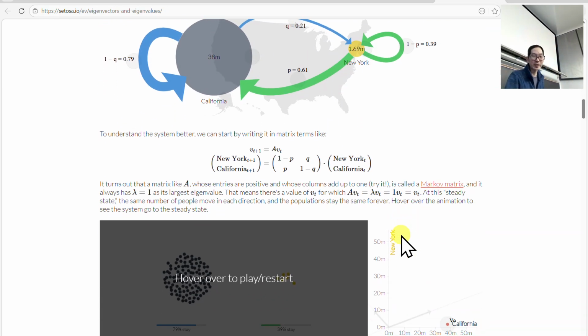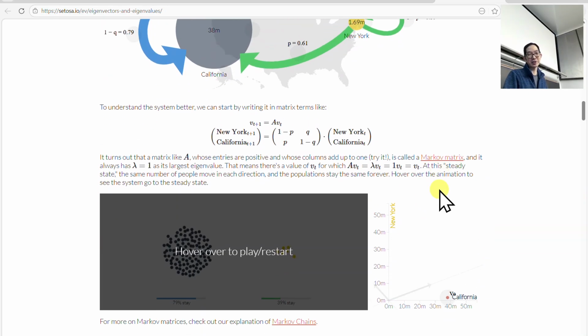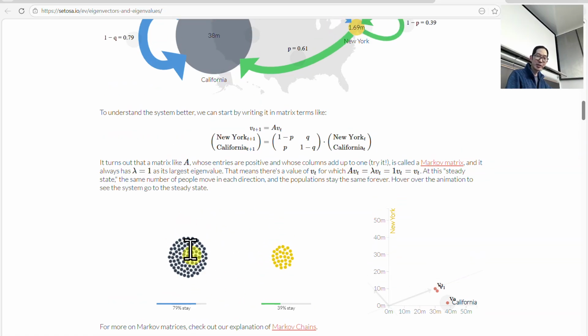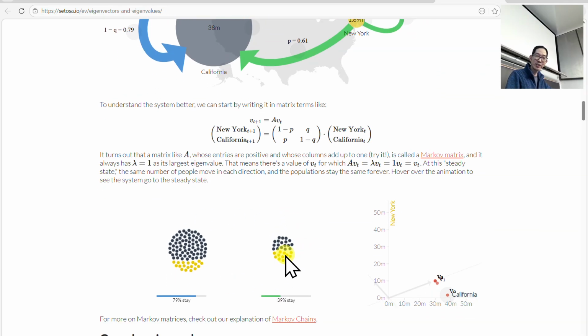Okay, and so this is kind of like our transition matrix. And if I hover over this, we see this represents the diagram, and what we see is 20% of this circle goes over here, and then 60% of this circle goes over here, okay?